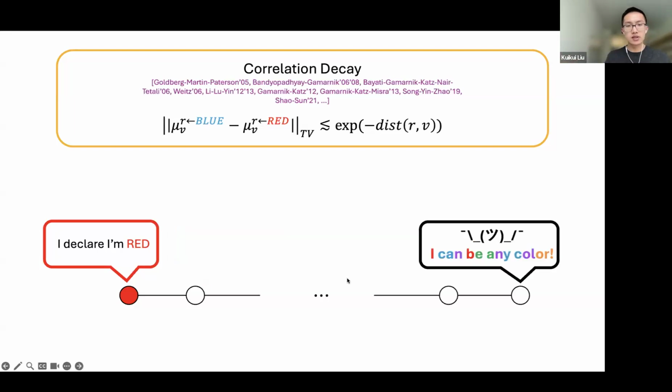But what you would like to say is that if these vertices are very far from each other, then knowing the color assigned to the vertex on the left is going to have very little effect or influence on the color assigned to the vertex on the right, or more generally on faraway vertices. So this is the intuition that correlation decay tries to capture.